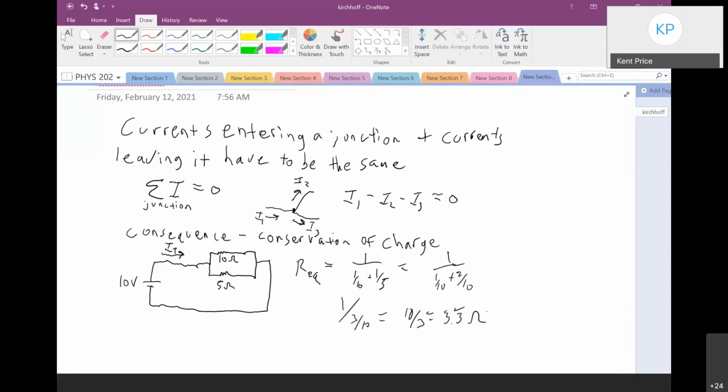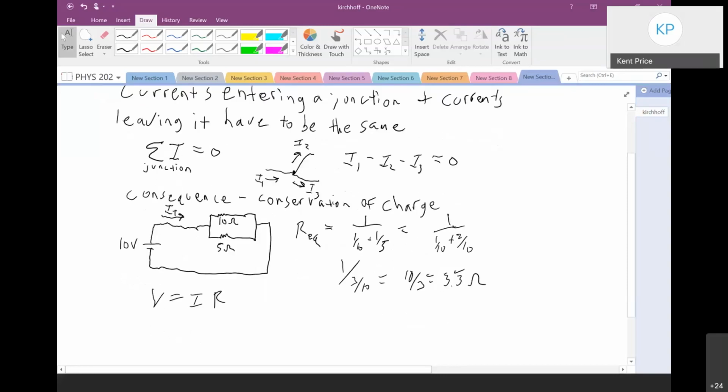So since V equals IR, that's Ohm's law, I've got 10 volts, and it's equal to I total times the equivalent resistance, 3.3 ohms.